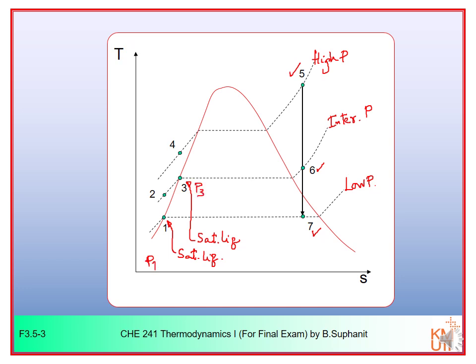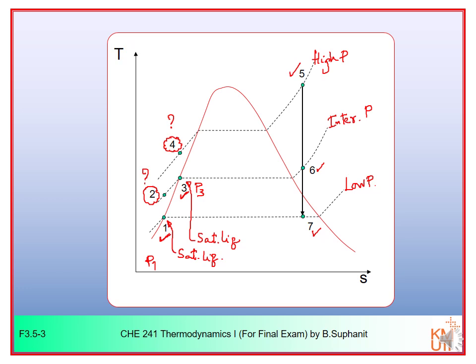So number 1 and number 3 are fully defined. You can use the steam table to determine the enthalpy at point number 1 and point number 3. So you have number 2 and number 4 remaining to be calculated. You have to calculate enthalpy at number 2 and enthalpy at number 4 here.